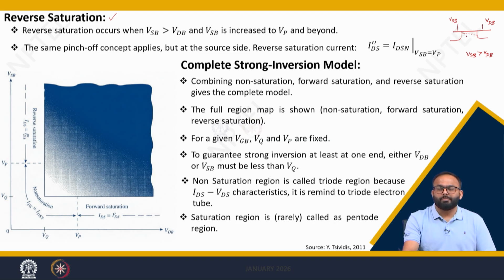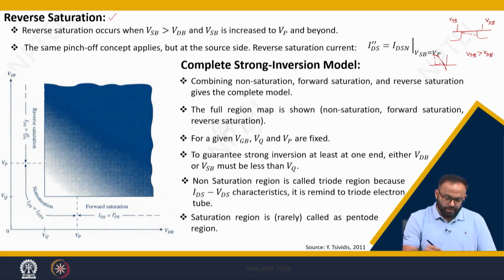Our operation of the MOSFET will still be in strong inversion, but the current now will be reversed, and the same thing will happen in the opposite direction, right? And that opposite direction pinch off voltage can be defined in the same way.